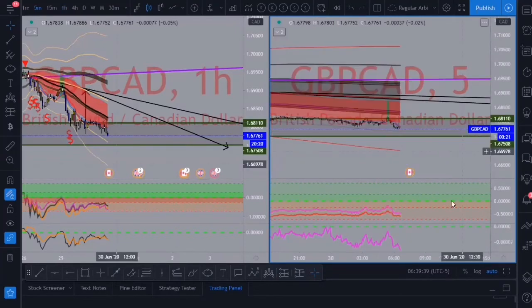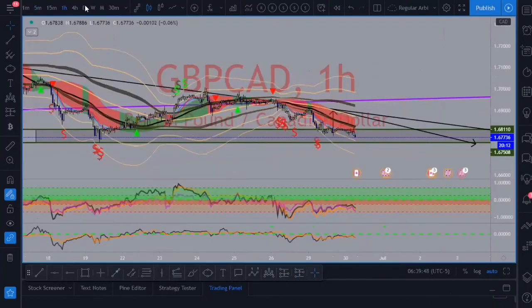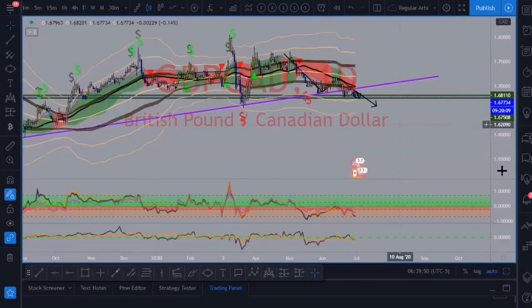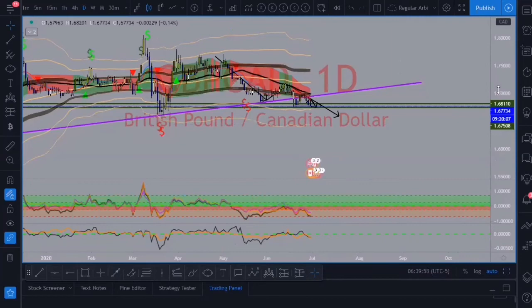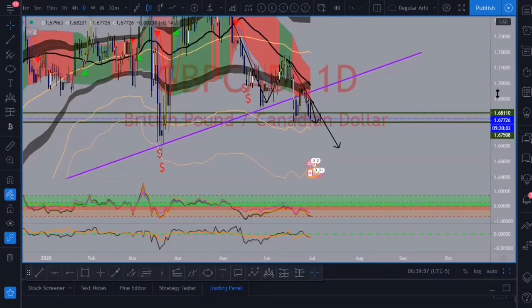Let me get rid of this drawing. Well, actually, let me see what I was talking about on GCAD yesterday, because that might just be what's happening. Yeah, I did say that it should keep dropping. So, sounds about right, but that's not what we're here for.